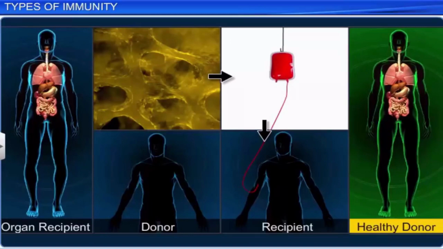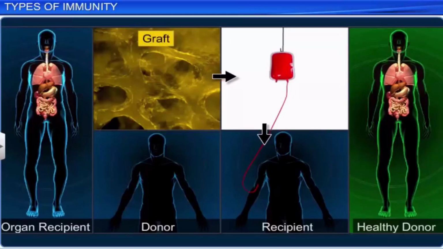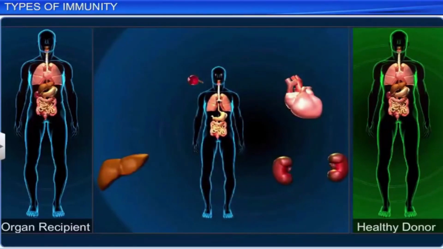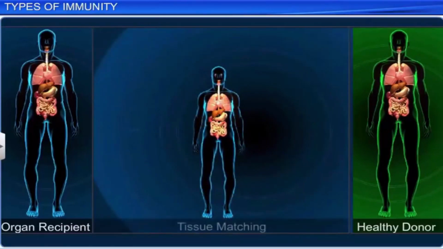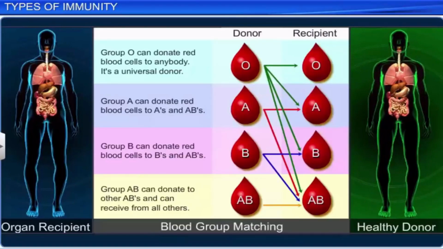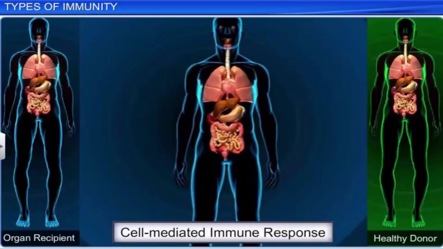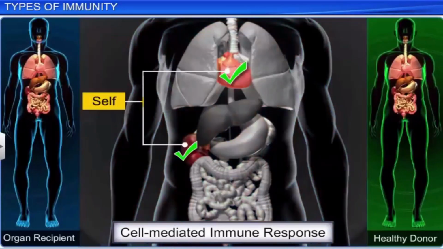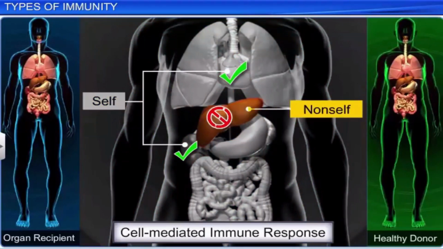This is important because grafts or transplants cannot be made from just about any source, as the body will reject those grafts sooner or later. To find a perfect match, tissue matching and blood group matching are conducted before a transplant. This ability of the body to differentiate between self and non-self while rejecting grafts is the cell-mediated immune response.